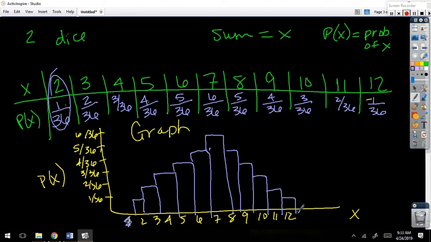They need to touch. Tell me this, looking at this distribution, either at the graph or the probability distribution table, what is the probability that you roll at least an 11?